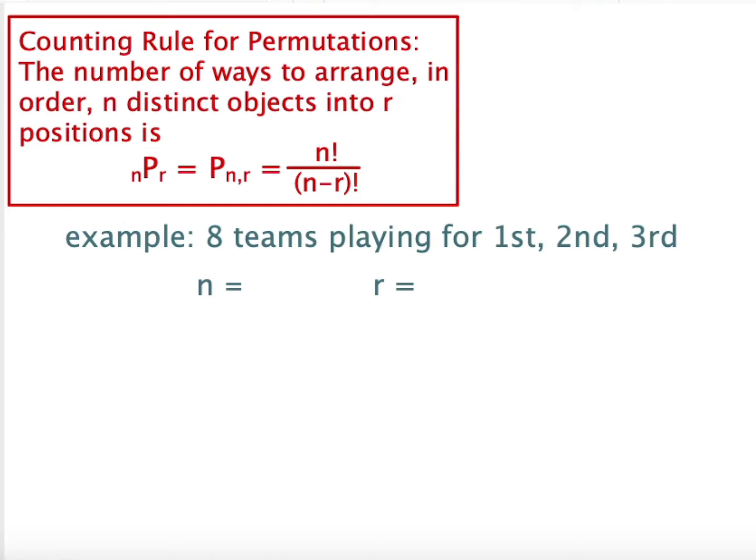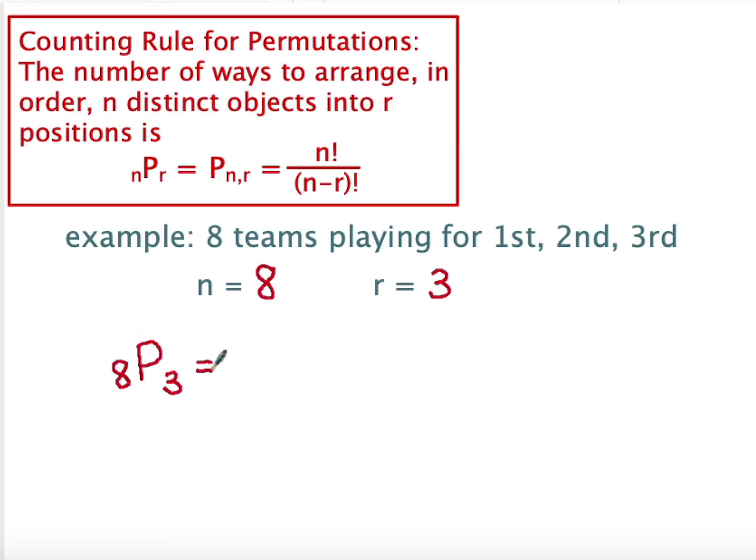If there were 8 teams playing for first, second, and third place, the n distinct objects would be the 8 teams that are playing for those places, and the r positions would be those 3 places that they're playing for. So if we were wondering how many different ways those 8 teams could place first, second, and third, we could do 8P3.